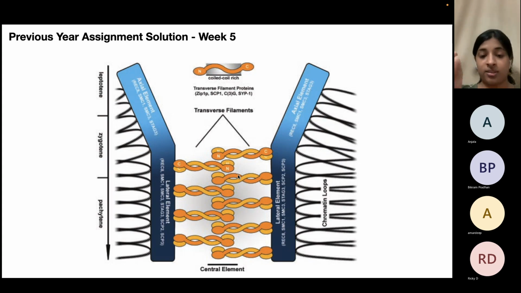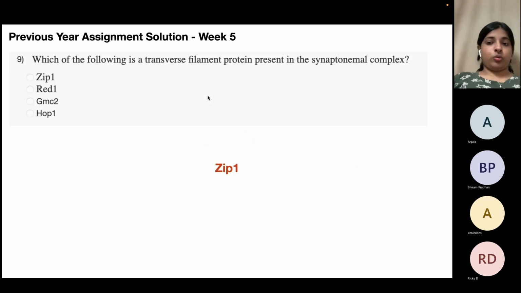What is characteristic of these proteins is that they have coiled-coil domains. These coiled-coil domains can interact with each other and stack over each other and pull each other together. In yeast, these filaments are made up of a protein known as ZIP1. What was the question? Which of the following is a transverse filament protein? So ZIP1 is the protein.